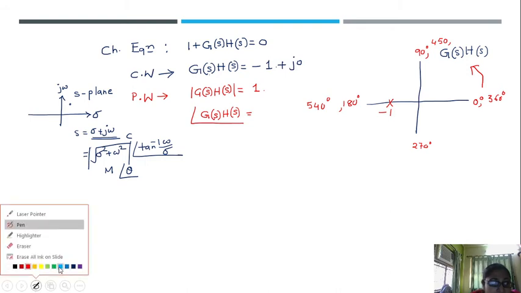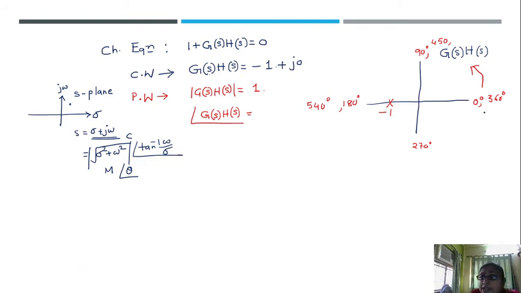Now if I go in a clockwise direction, what is going to happen? This is 0 degree. Next, this will be minus 90 degree. The clockwise direction is actually given as a minus angle.